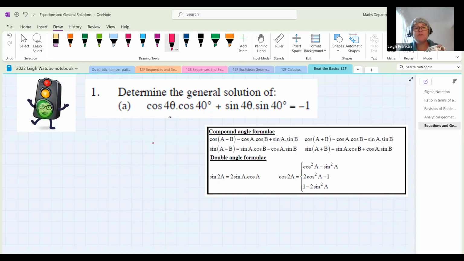So this is cos 4 theta cos 40 plus sine 4 theta sine 40. What do you see? Compound angles. Absolutely, Mamelo. Quite right. They're compound angles. So how should I write cos 4 theta cos 40 plus sine 4 theta sine 40 if I want to use the reversal of the expansion?